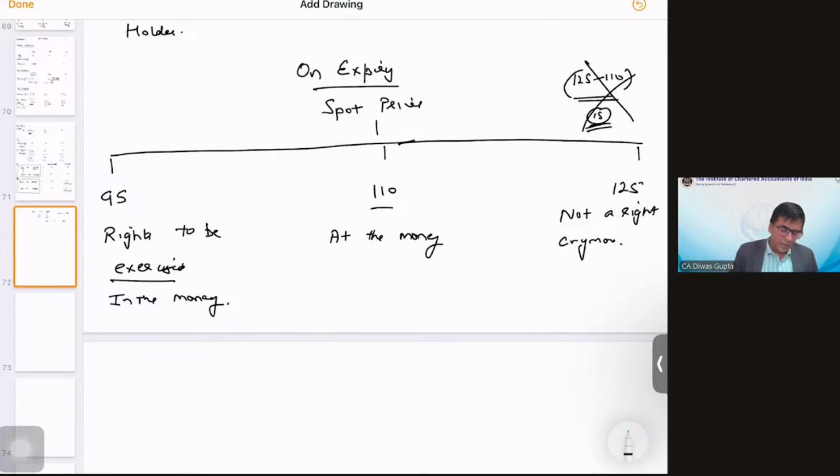Out of the money. Yes, Saminathan, you can say that as well. He will not exercise the option, although as per the option he has the right. You can also interpret it like that.